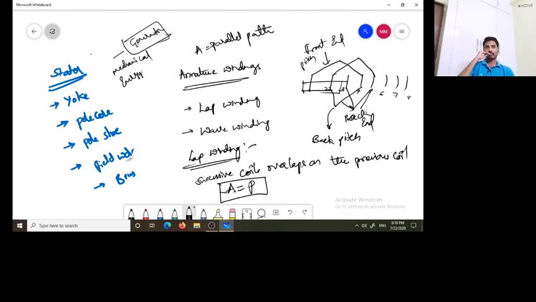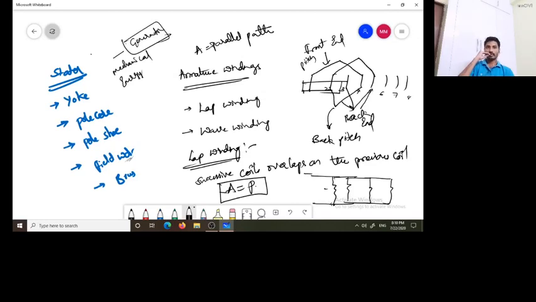So in lap winding, the number of poles is equal to the number of parallel paths. If there are n poles, then n parallel paths are created in a lap winding. This is called a parallel path.